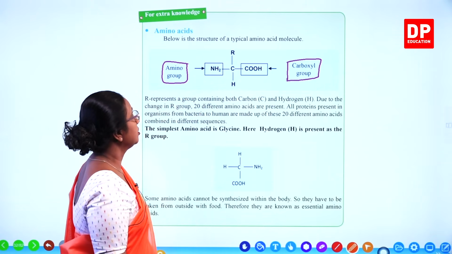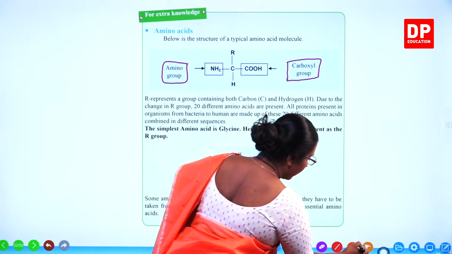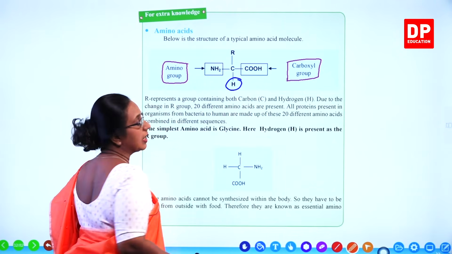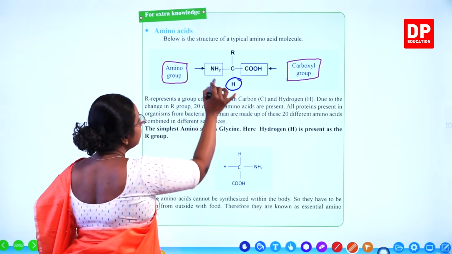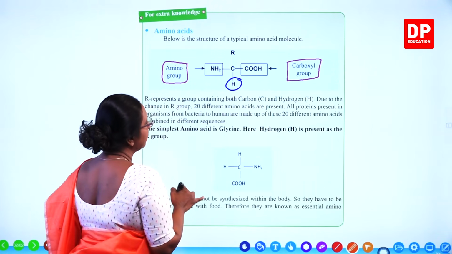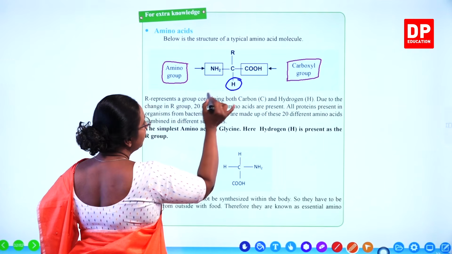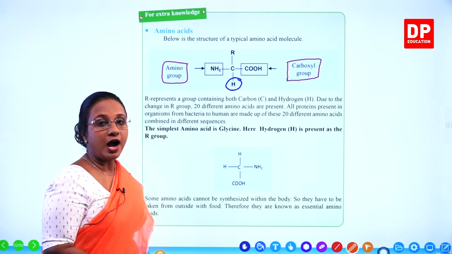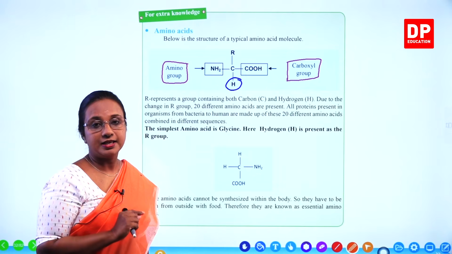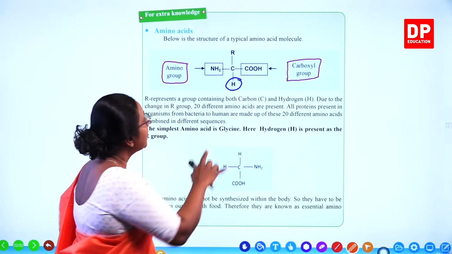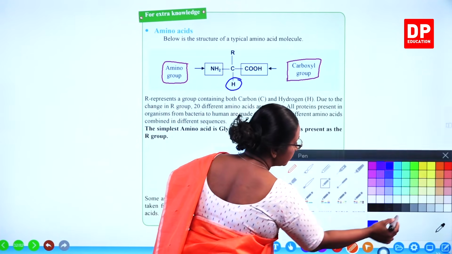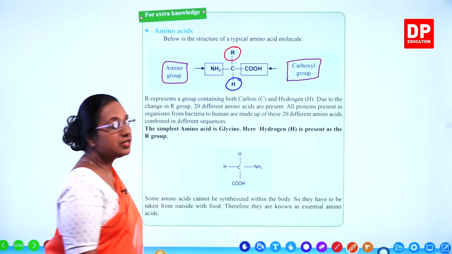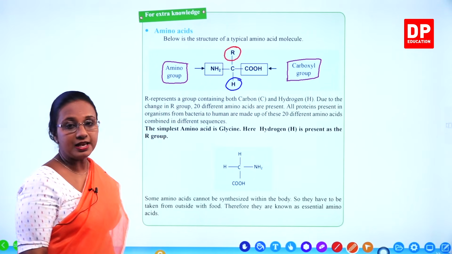In addition to that, there is always a hydrogen in an amino acid. So, these three groups are fixed: the NH2 group, the hydrogen and the COOH group are always there in an amino acid. But the last group, denoted by R, is known as an alkyl group.